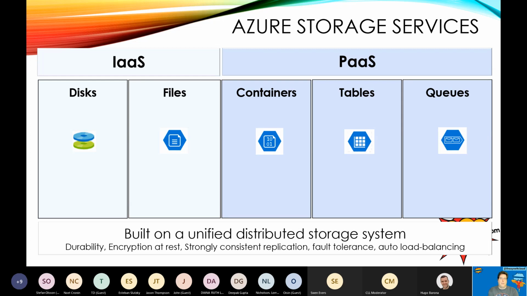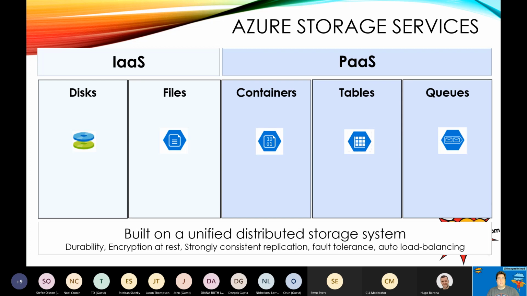Now that we've talked about the managed disks and the disks on the virtual machine, the other four columns in here, whether they're IaaS or PaaS, fall into the Azure storage compartments. So when you create an Azure storage account within the Azure environment, you have each of these four.